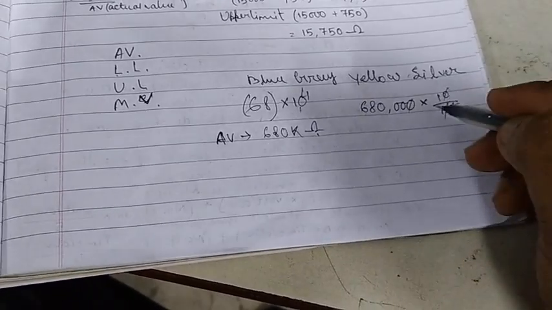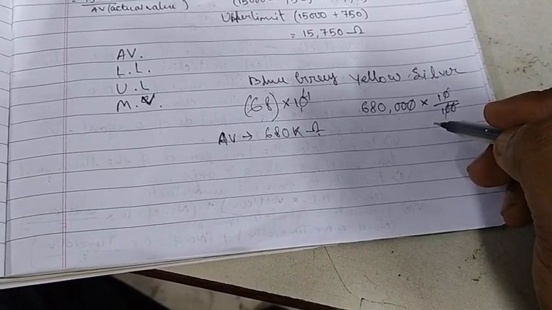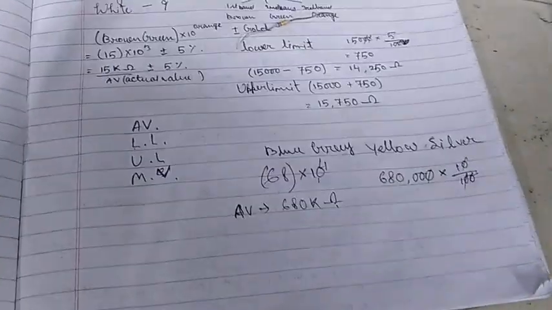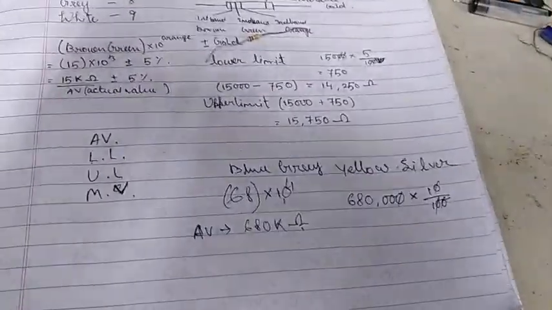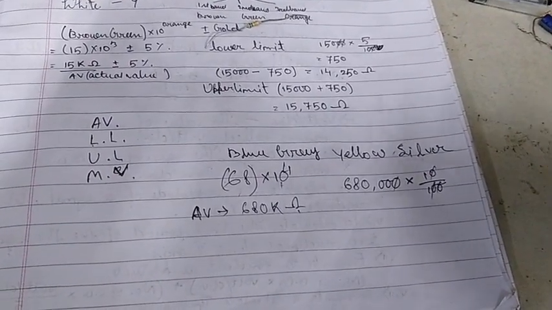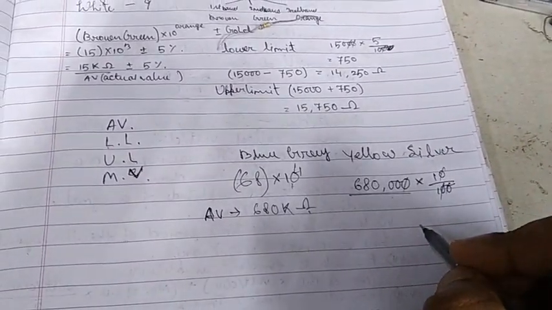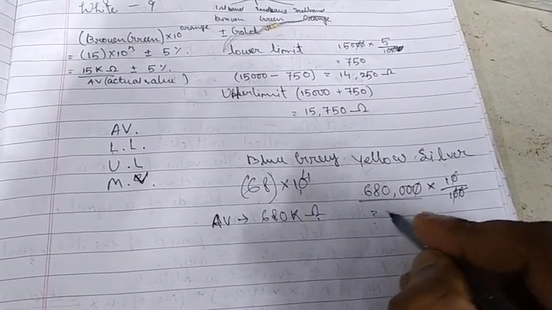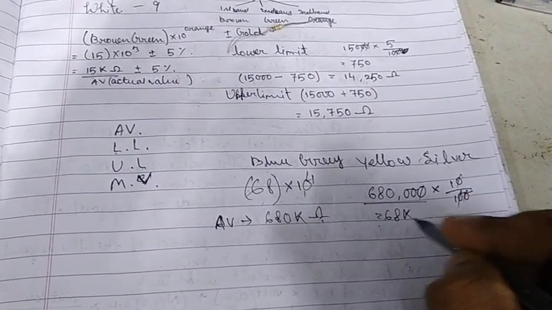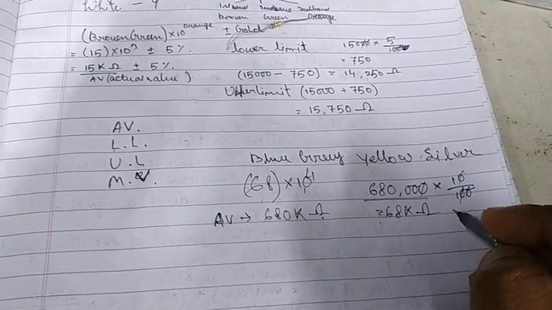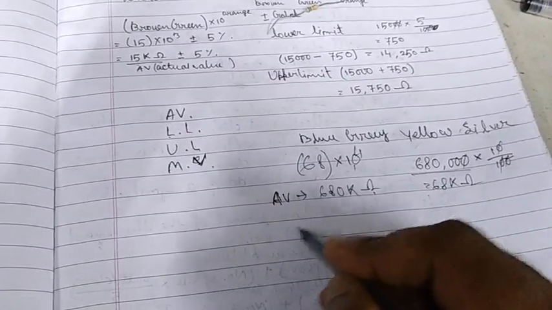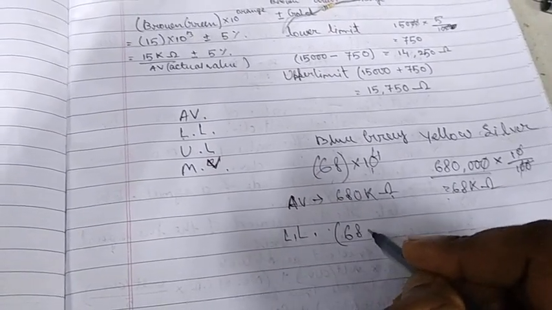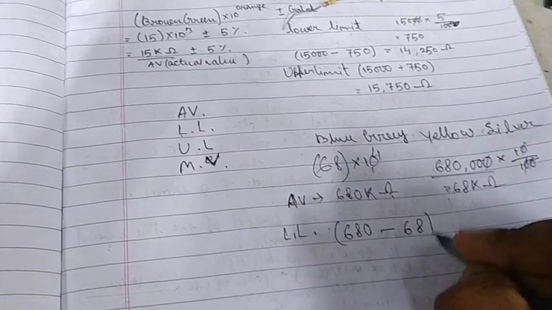So the tolerance value is this much, that is 68 kilo ohm. Now for the lower limit we have to do 680 minus 68.